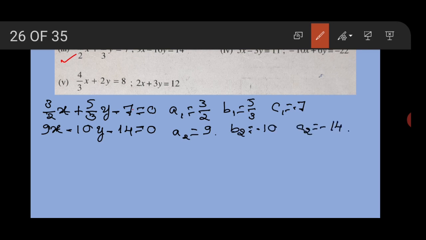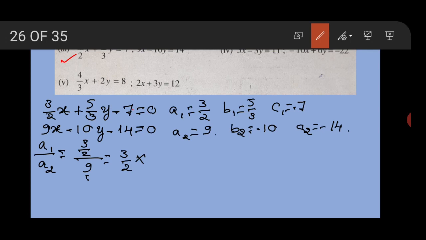So, to check whether it is consistent or inconsistent, we have to find the ratios a1 by a2, b1 by b2, and c1 by c2. Substitute the values: a1 is 3 by 2 divided by the value of a2, which is 9. On simplification, first we write the numerator, 3 by 2, into the reciprocal of the denominator 9.